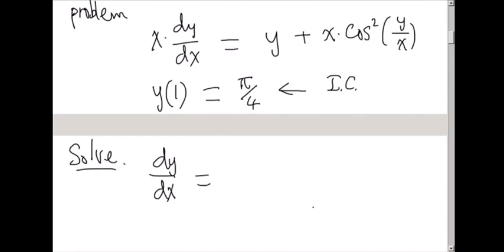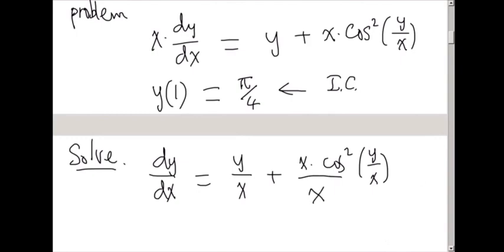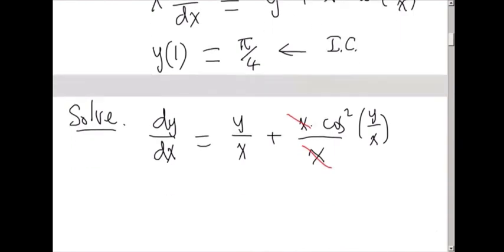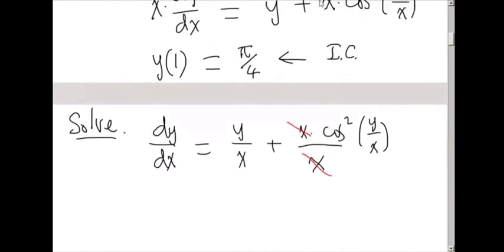We divide through by x, and the first term becomes y over x. The second one is x cosine squared y over x, but then we divide by x. So the x cancels out, and we have just cosine squared y over x.